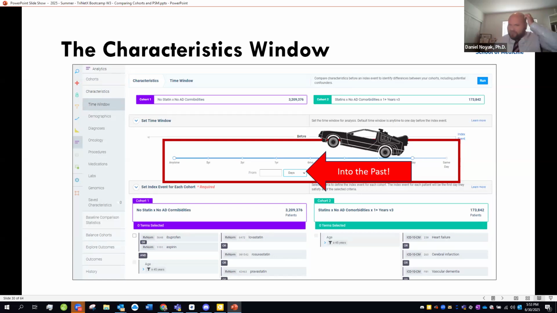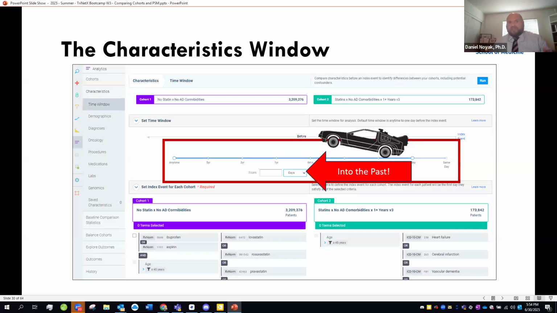We're going to talk a little bit about this in a minute, how an index event actually works in the software and in general. But basically, I know I'm dating myself here, you can use this DeLorean, this time traveling machine here, to look into the patient's past as far as you want. This little time bar allows you to define how far into the past the index event has to occur.